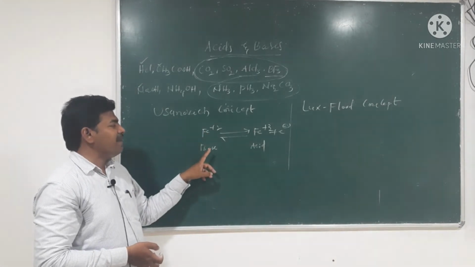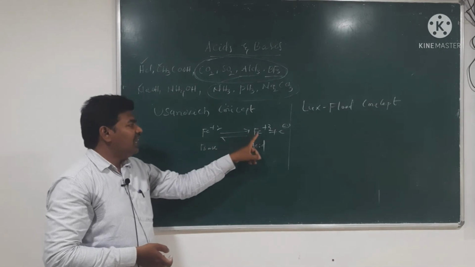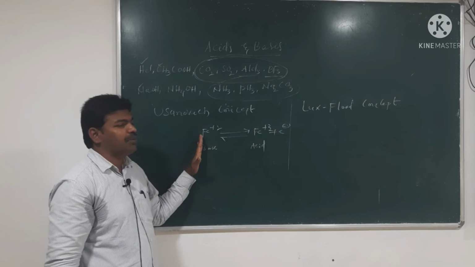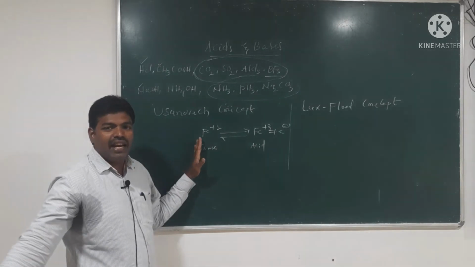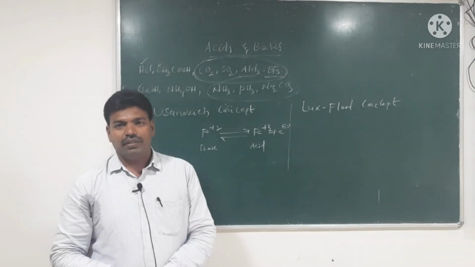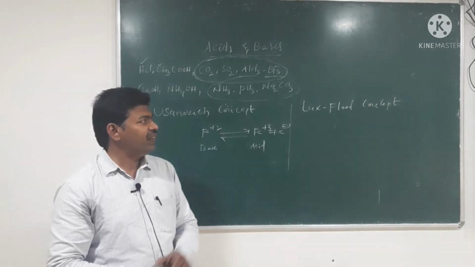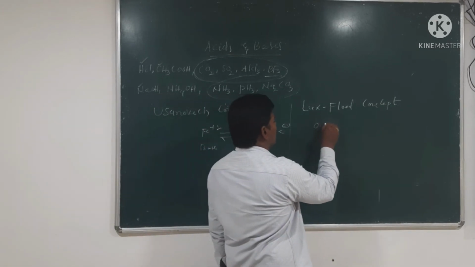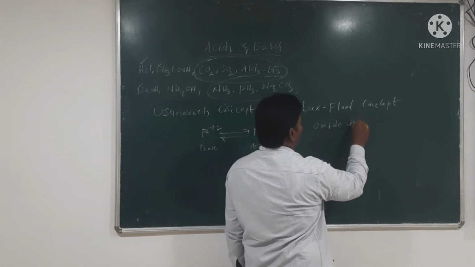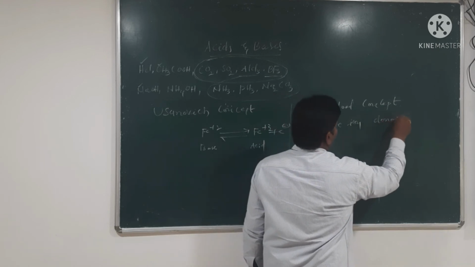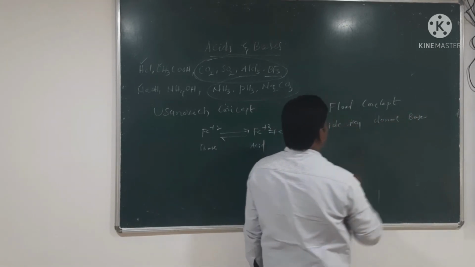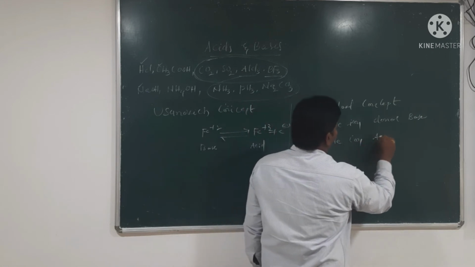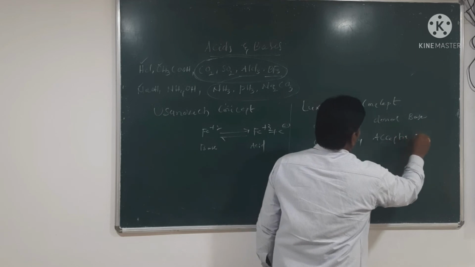Fe+2 is a reducing agent, Fe+3 is an oxidizing agent. We can apply this concept to all oxidizing agents and reducing agents. And the Lux-Flood concept: an oxide ion donor is a base, and an oxide ion acceptor is an acid.